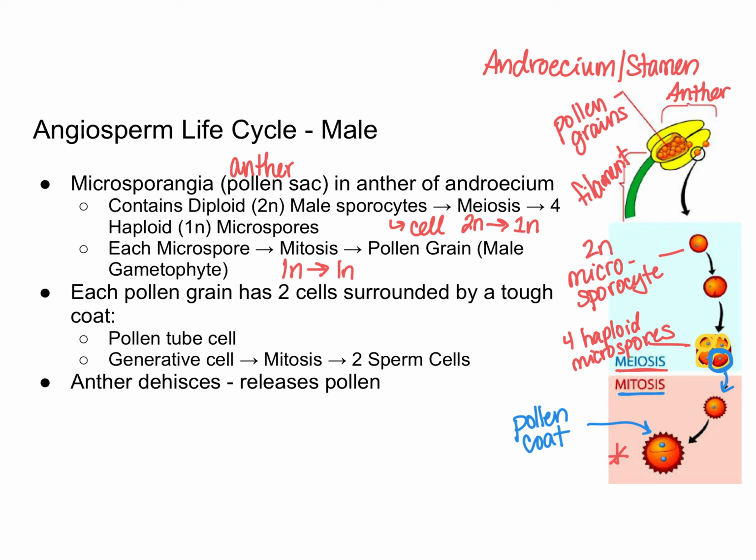And because mitosis happened at this arrow here, we have two cells contained within this pollen grain. So this is one pollen grain here. And it has two cells located in it. And each one of these cells has a haploid nucleus.